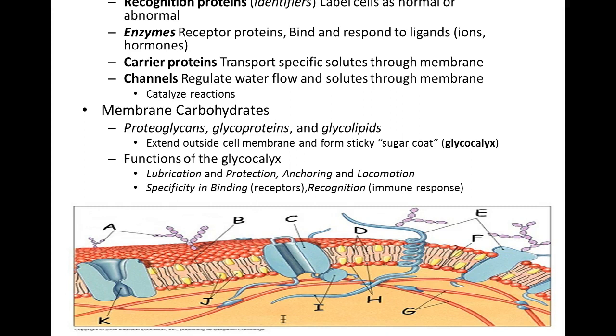In terms of the membrane carbohydrates, all of these are embedded within this biphospholipid layer. So you have proteins embedded, various different types, and carbohydrates attached to proteins that are embedded in the membrane. And all of this is for the function of the cell.